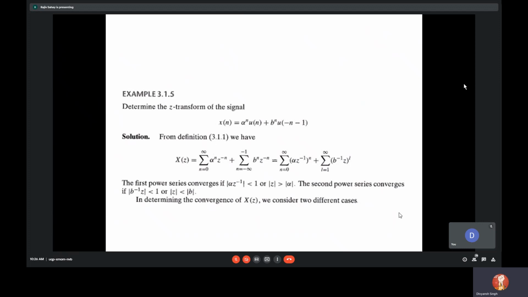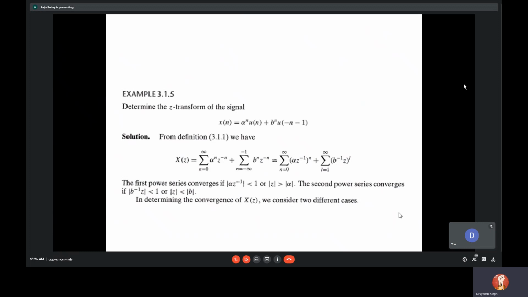So make sure that you understand whatever is going on. So again, this is a sum of two causal and anti-causal sequences. So we have the two expressions like this using the bilateral Z transform.